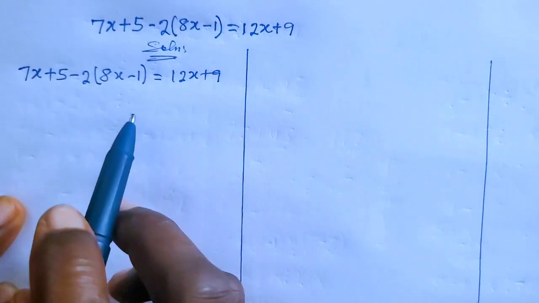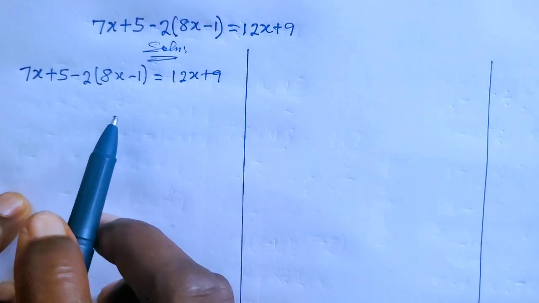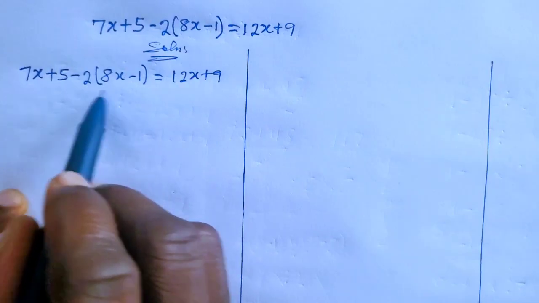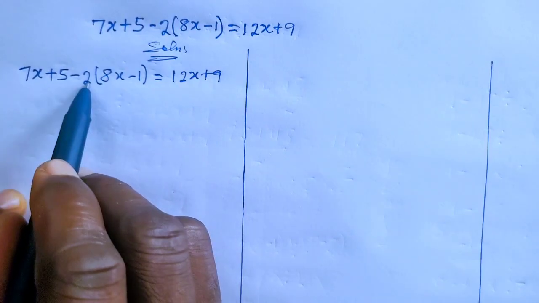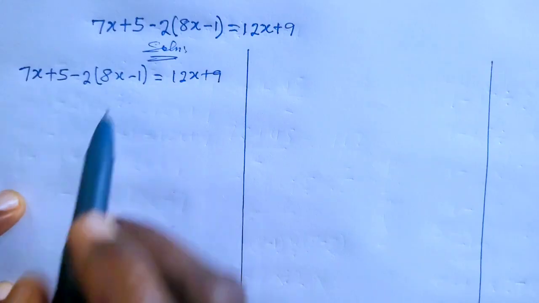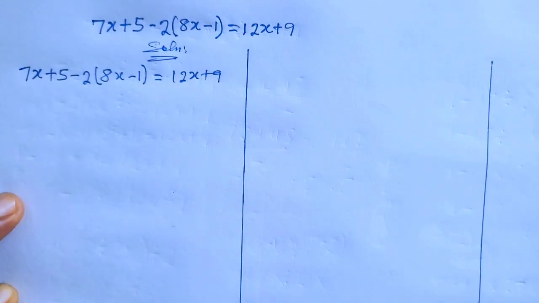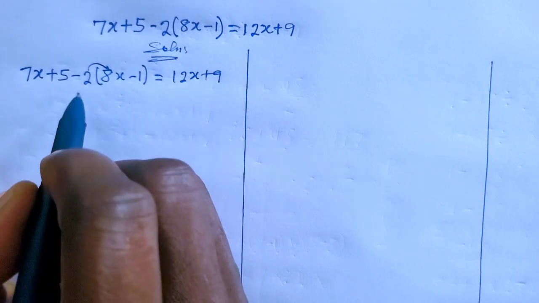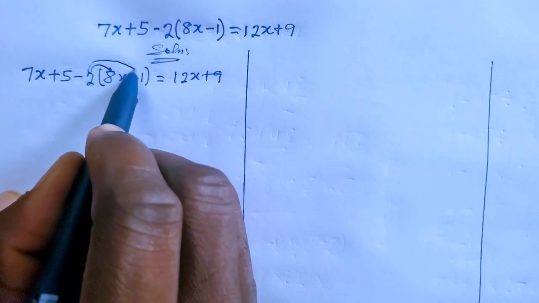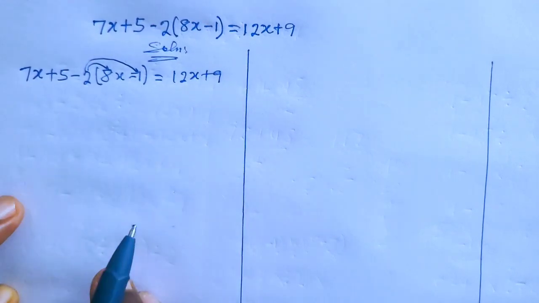To solve this correctly, we are going to first of all clear out these brackets by multiplying each term inside the bracket by minus 2, which is outside the bracket. So we multiply minus 2 by 8x, and minus 2 by minus 1.